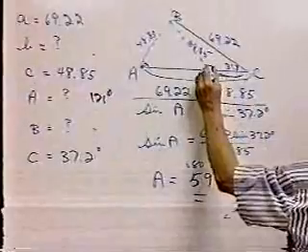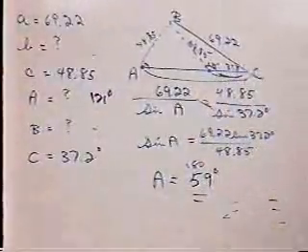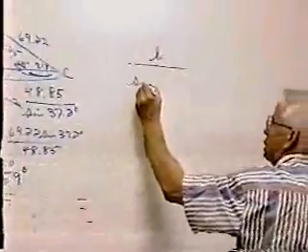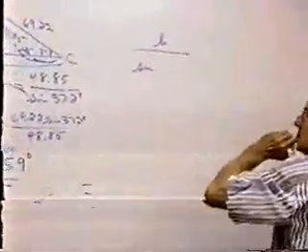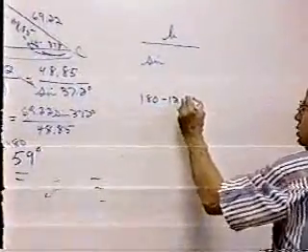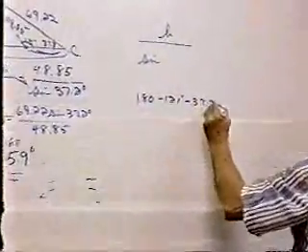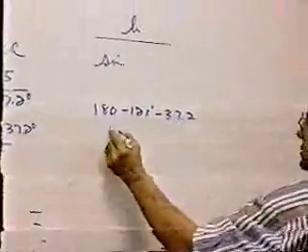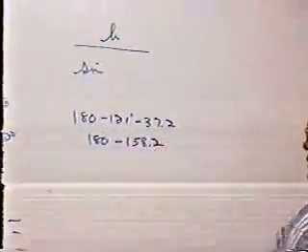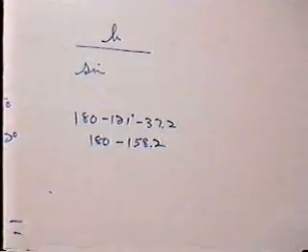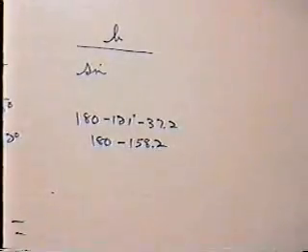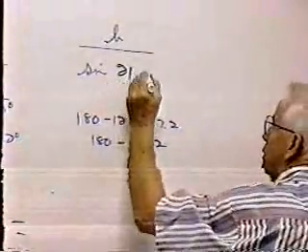So B is to the sine of, well, now wait a minute. If we're using the 121, that's 180 minus 121 minus 37.2. So that's 180 minus 158.2. So how much is that? That's 21.8, isn't it? So this is 21.8 degrees.